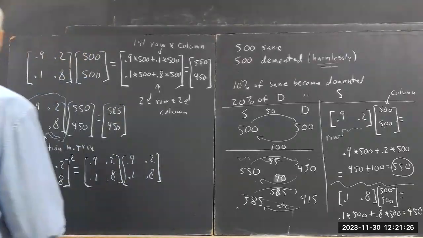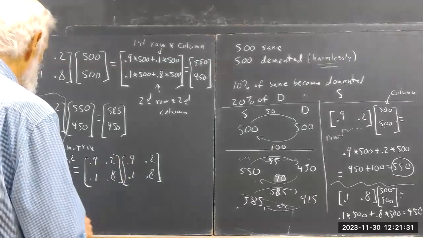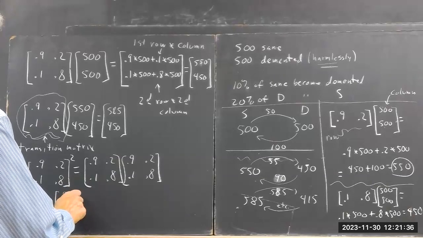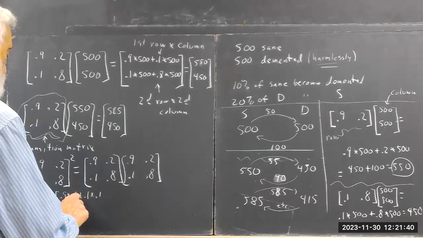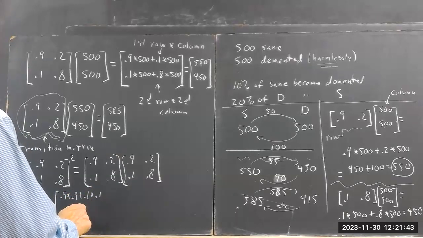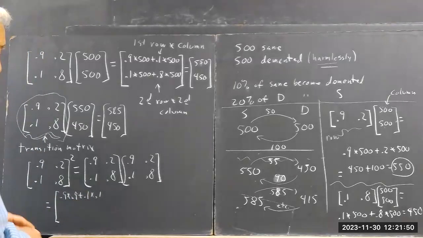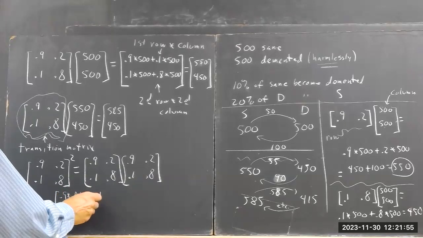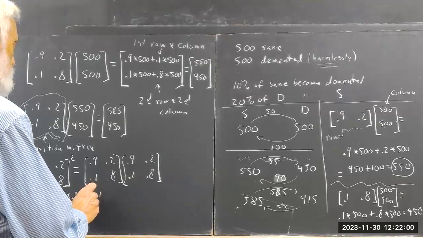Well, that equals row one times column one. There's a plus sign there. So it's 0.9 times 0.9 added to 0.2 times 0.1.